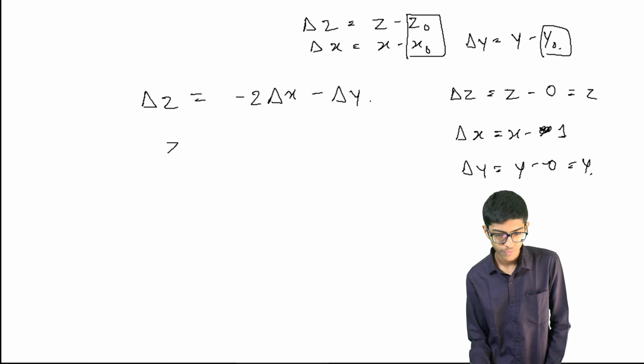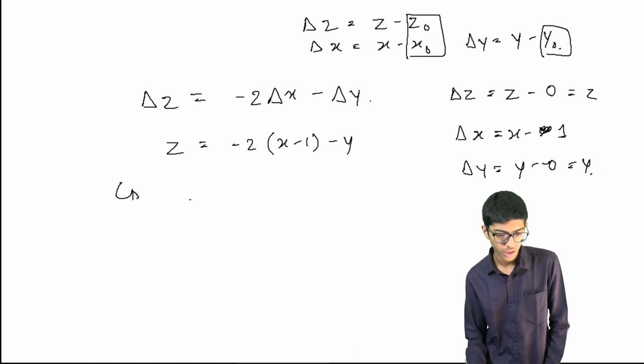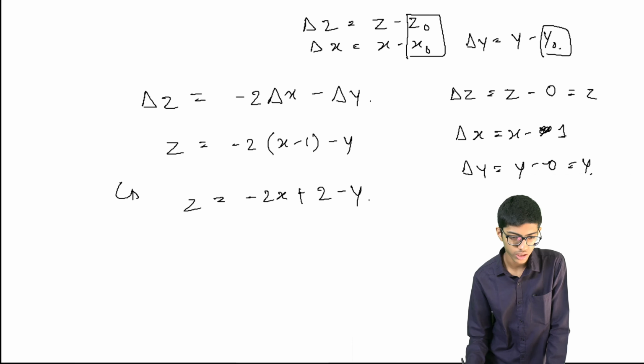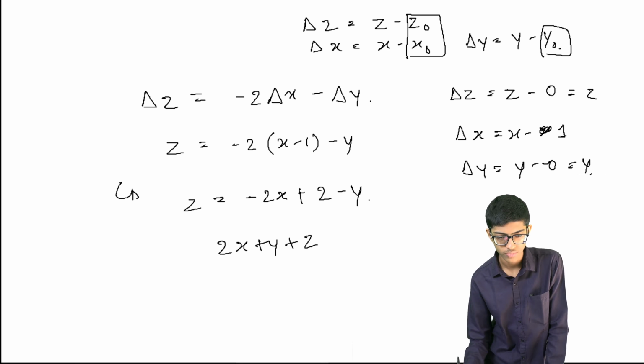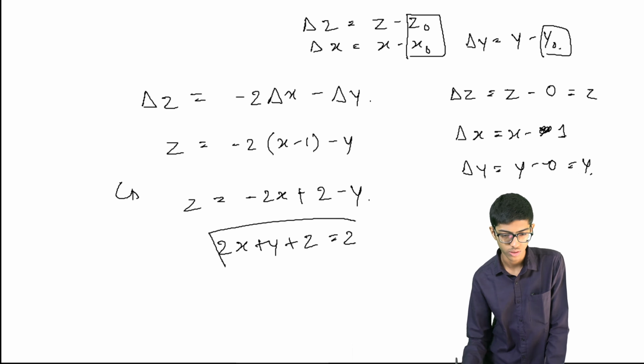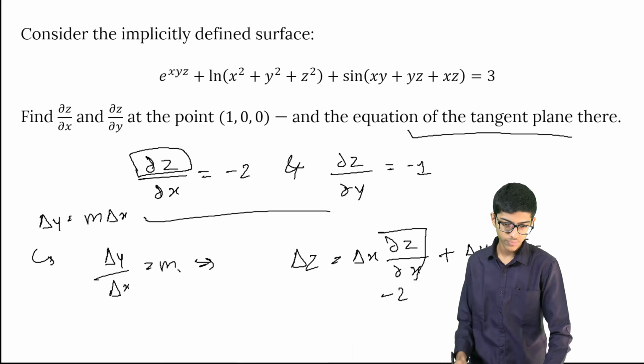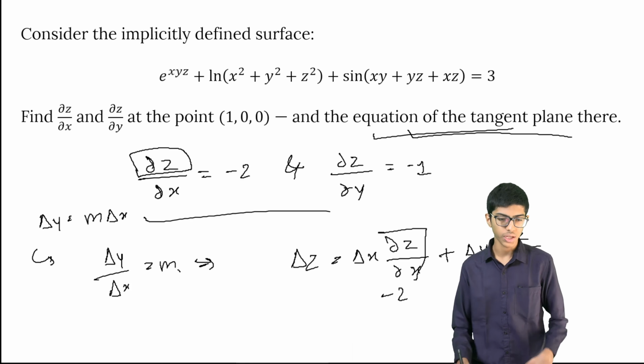So we have z equals minus 2 times x minus 1 minus y, and that gives us z equals minus 2x plus 2 minus y, or we may rearrange it as 2x plus y plus z equals 2. So we get this as the equation of the tangent plane at this point.